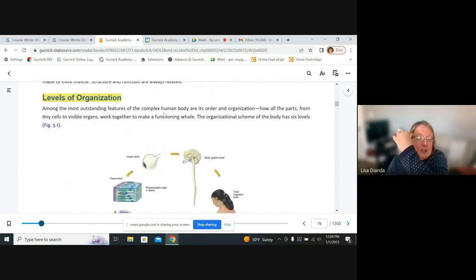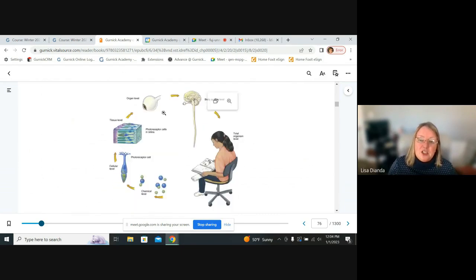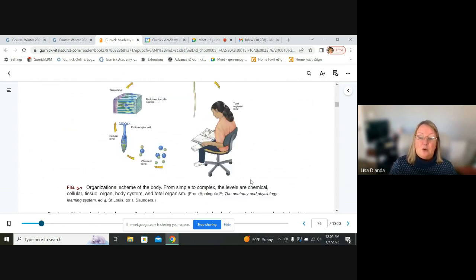The levels of organization. Here's our first figure. Again, go back later when you read this chapter and spend some time with us and just kind of notice what they're showing us. So they're showing us at a chemical level, right? Moving on into a cellular level, tissue level, organ level. Here's a system, central nervous system, leading to the total organism.